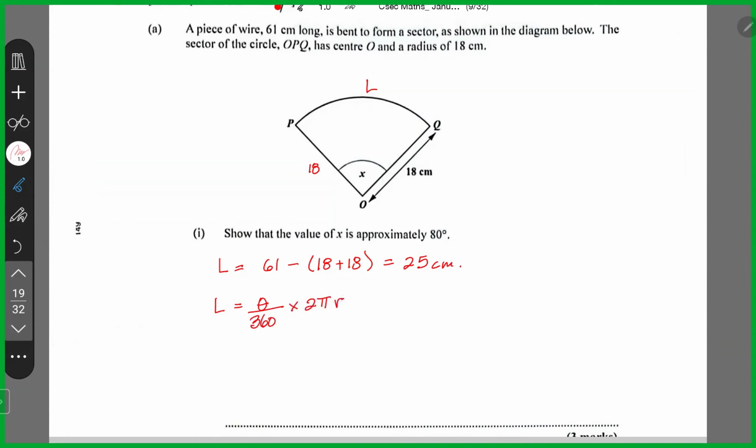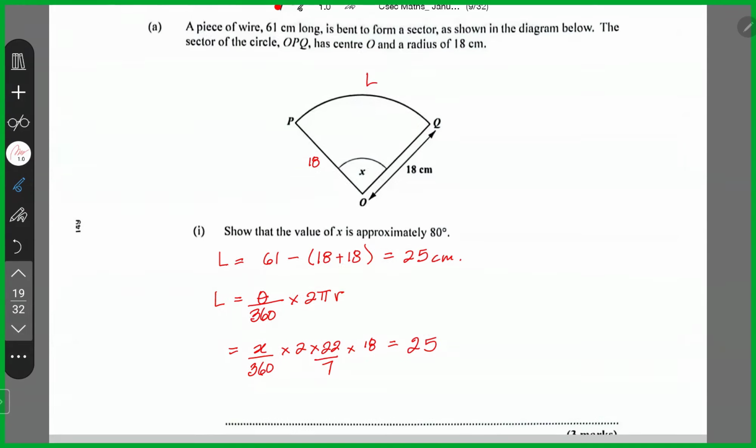All right, this formula I think is on your formula sheet. The sector angle theta is actually X. So this is X over 360 times 2 times 22 over 7 times R, which is 18, is equal to 25.